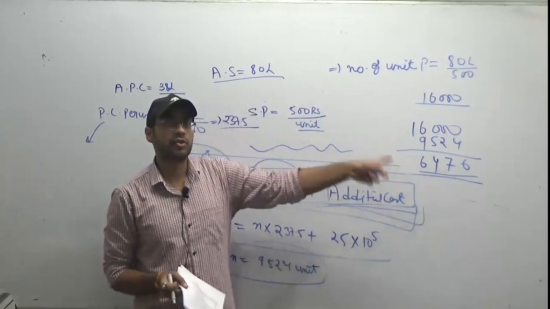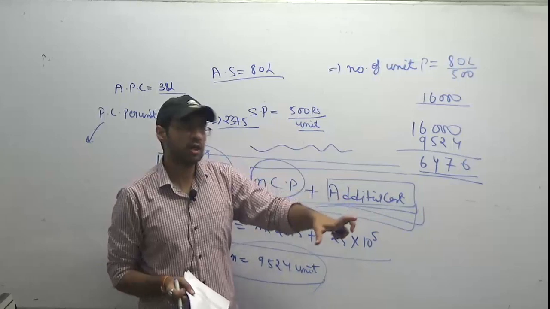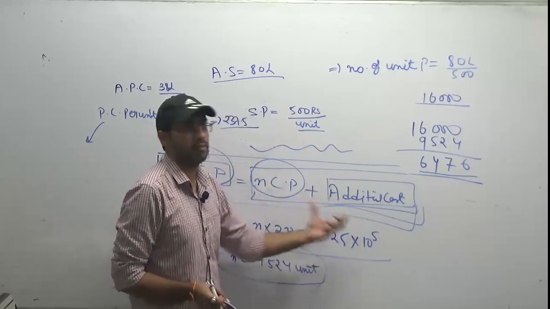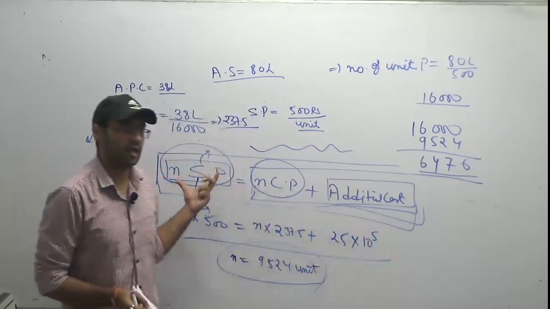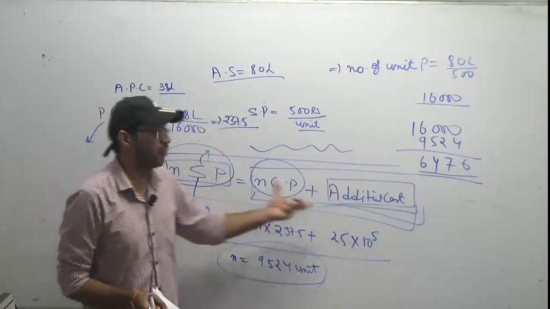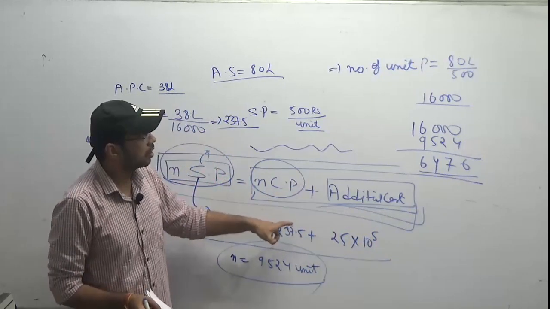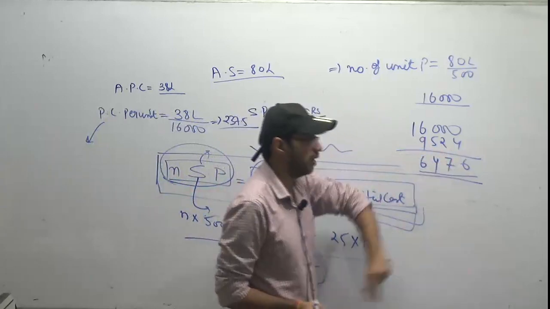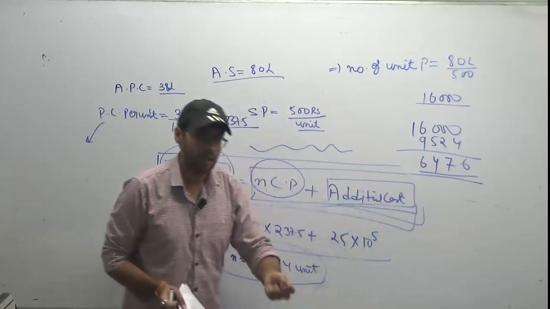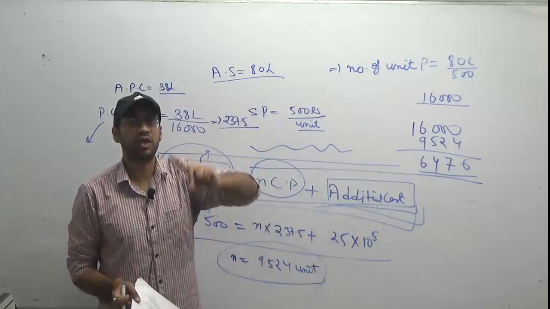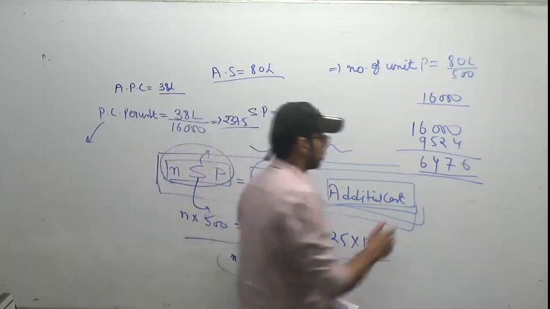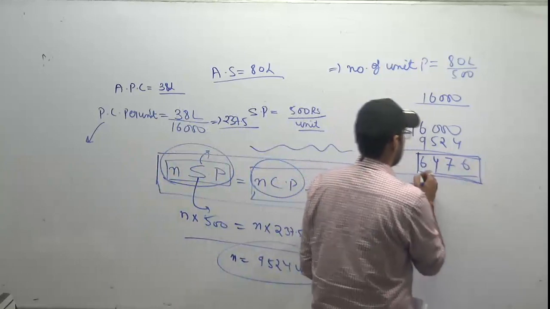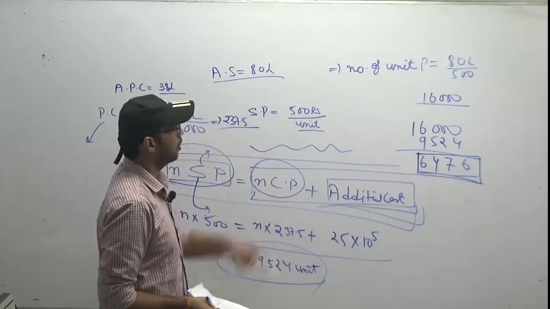That will give you the actual profit, right? Because this is the investment that you have made. You will get some return, and this return is equal to the investment. So after the production of 9,524, whatever quantities you produce, that particular quantity will give you the actual profit.